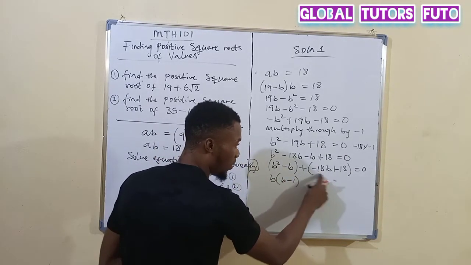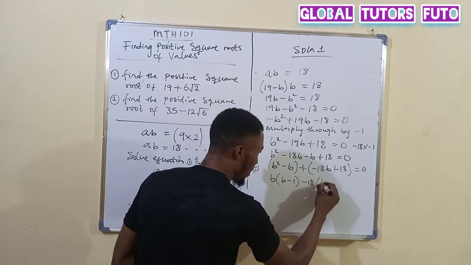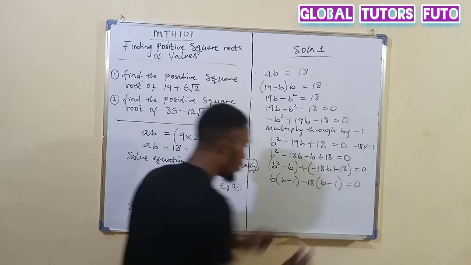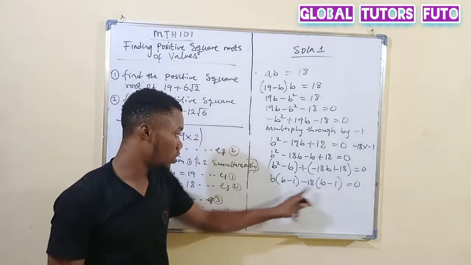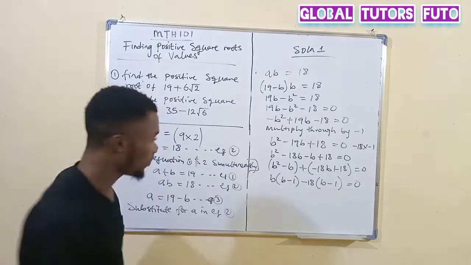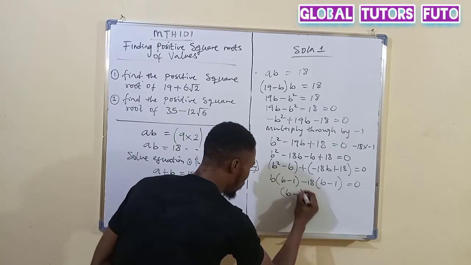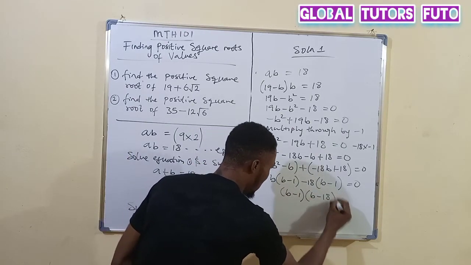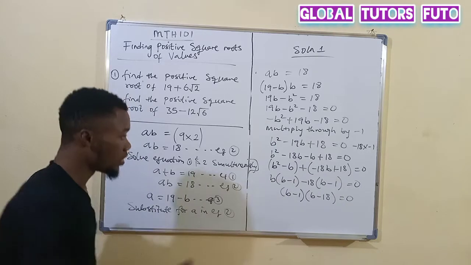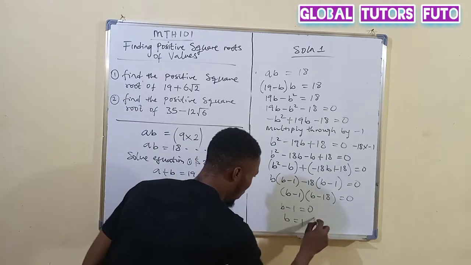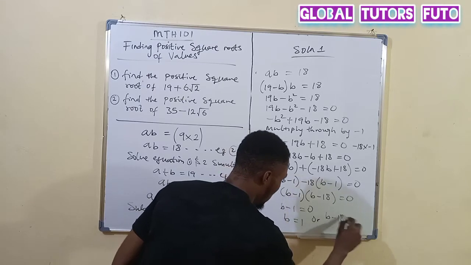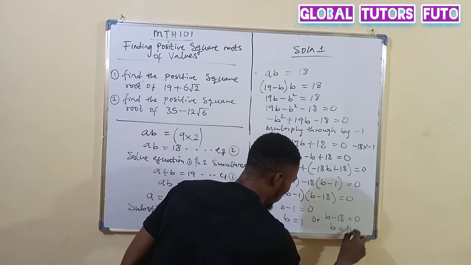I can factor out minus 18 here, minus 18 bracket b minus 1 equal to 0. Remember that minus 18 going in plus 18 will give us minus 1. So this and this look the same. So I will have b minus 1 and b minus 18 equal to 0. This implies that b minus 1 is equal to 0, therefore b is equal to 1, or b minus 18 is equal to 0, therefore b is equal to 18.